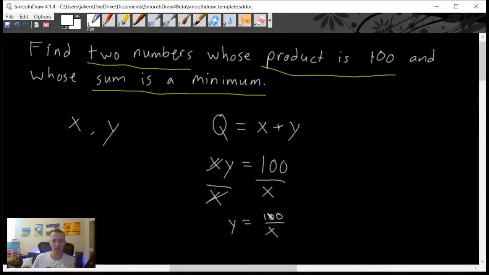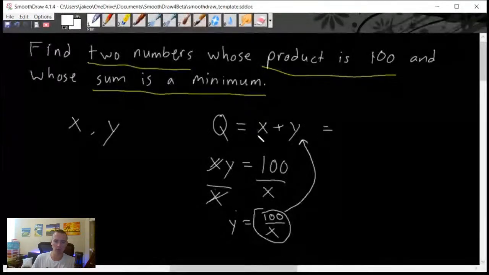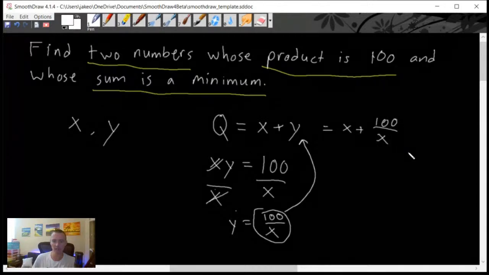Okay, so the second part of this fourth step, I said it's a kind of a two-parter step, is to take this y that we just solved for. So we know 100 over x is the same as y. And you're going to plug that into your optimization equation for the variable you just solved for. So since we know that q equals x plus y, and we know y equals 100 over x, we can actually say that q equals x plus 100 over x instead.